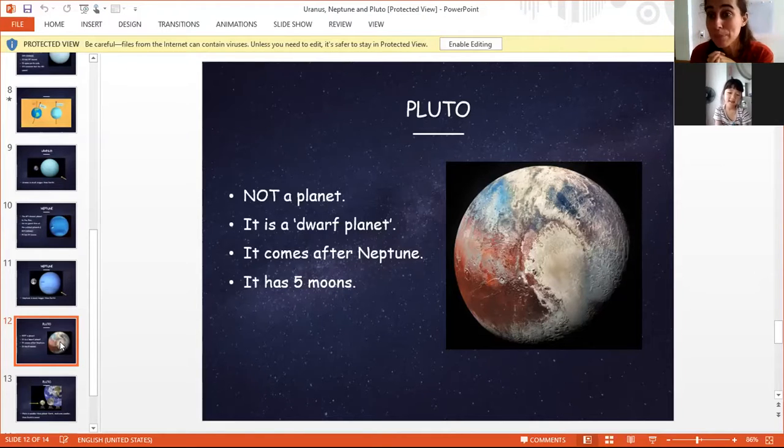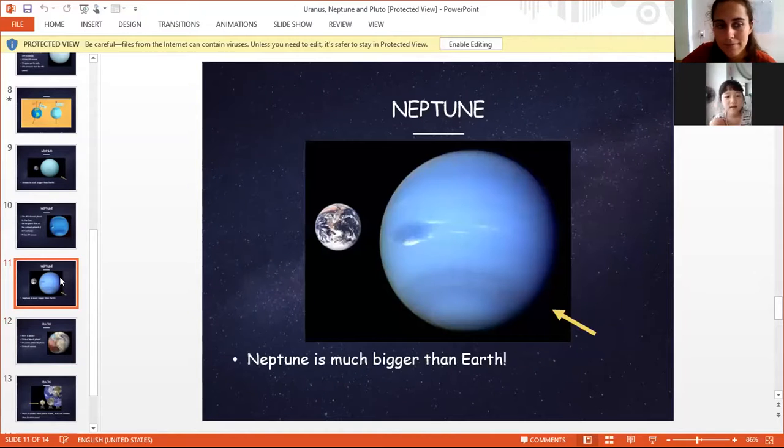So Neptune has more moons. Good. And let me show you. This is the picture of Pluto. What colors do you see on Pluto? Red, blue, green, white. Good. And what colors do you see on Neptune? Just blue, right?